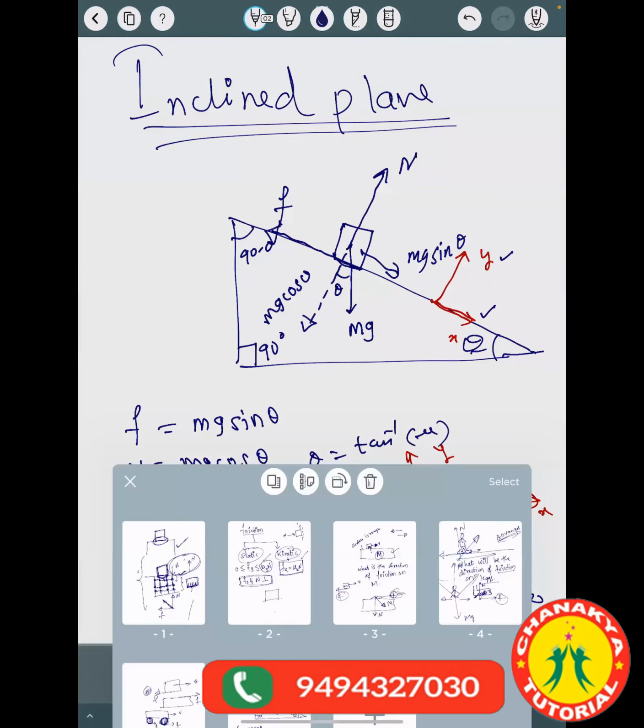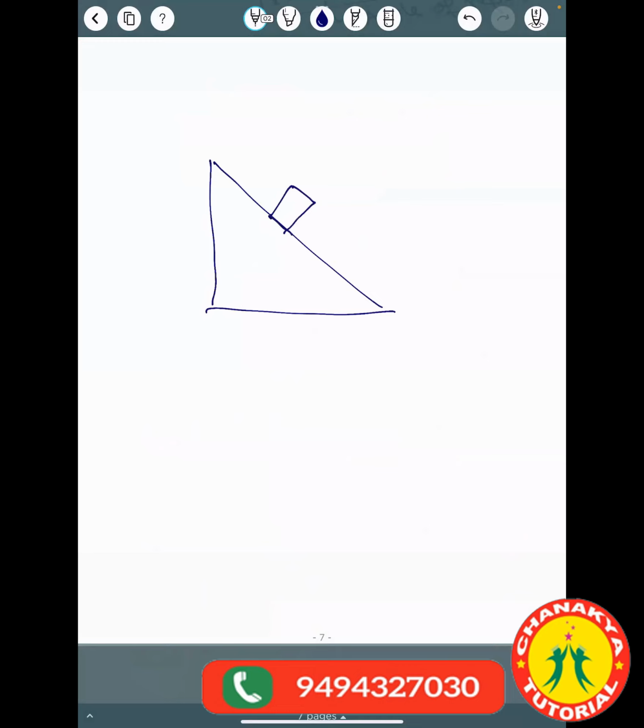Let's say there is an inclined plane and there is no friction. If I keep a block M here, this is a fixed wedge, a fixed inclined plane, it is not moving. Now if I release it, if this angle is theta, you know that this component will be mg cos theta and this mg sin theta.